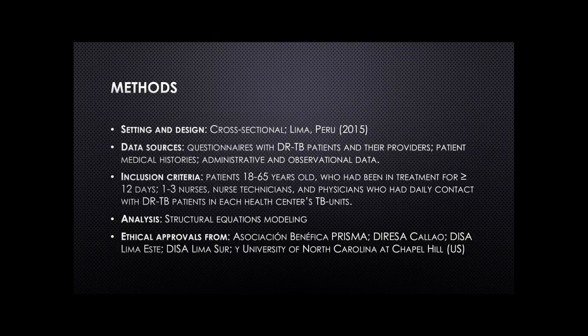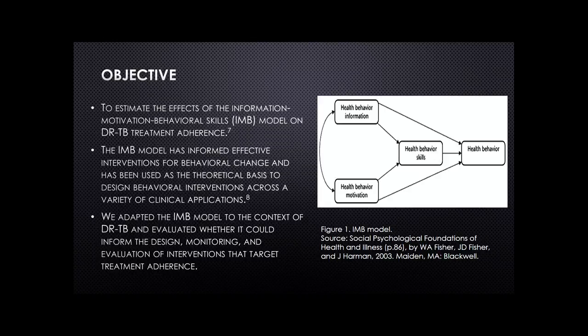And let's actually go back, and I'm going to explain a little bit of what that model looks like. So in the model, as you can see, the health behavior at the end would be adherence. The original IMB model has health behavior information, health behavior motivation, and health behavior skills, all of that leading to the actual health behavior. The information pertains to anything that has to do with how much knowledge a patient has about the disease and how important they know adherence is.